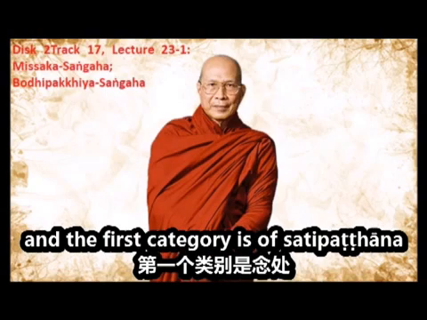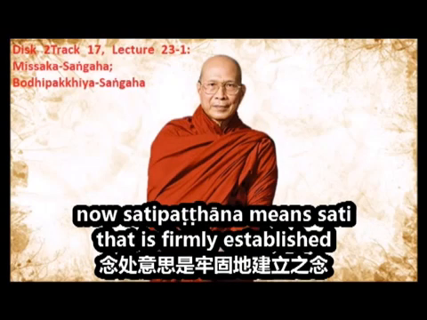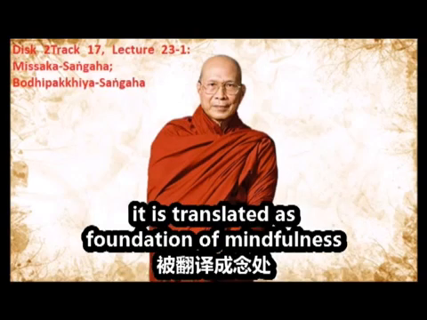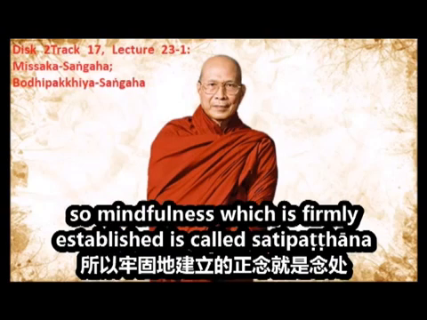And the first category is of Satipatthana. Now Satipatthana means sati that is firmly established. It is translated as foundation of mindfulness. So mindfulness which is firmly established is called Satipatthana.